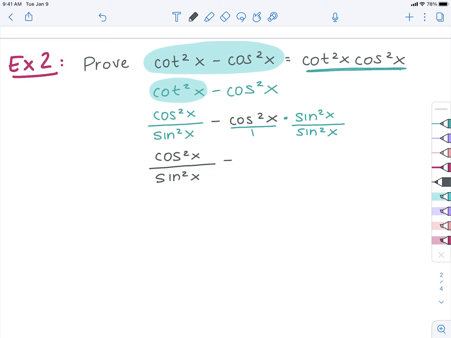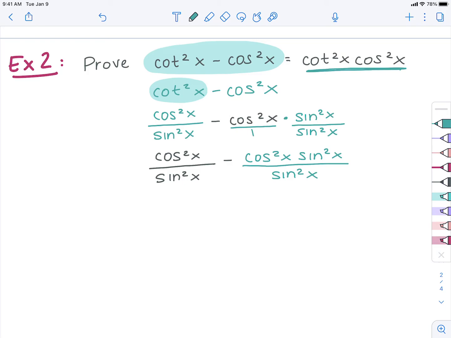minus, and then I'm going to bring everything else, I'm going to multiply. So over on the right side, now I have cosine squared x times sine squared x, all over sine squared x.